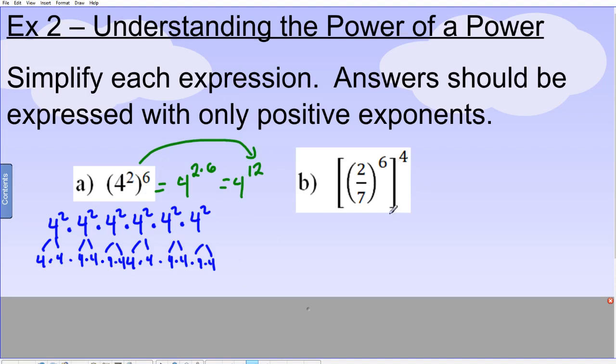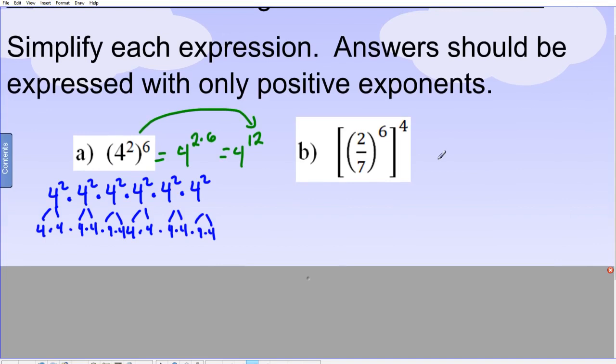Here, same deal. Now, this 2/7 is my base. The whole thing, 2/7, is the base. I'm going to just go ahead and leave it like that for now. So I'm going to take 2/7 as my base, and it's going to be raised to the 6 times 4, the 24th power.